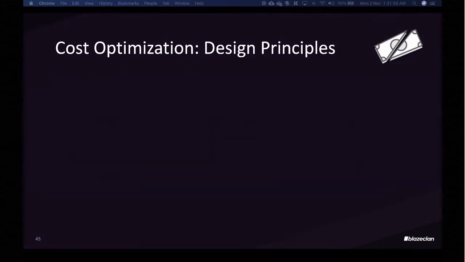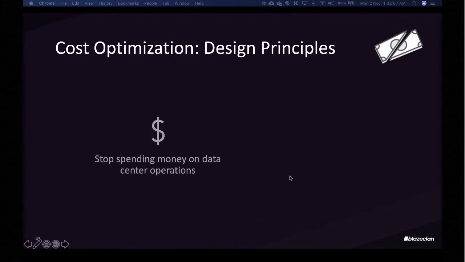All right, moving on to the next two design principles, which are self-explanatory in most sense, which is stop spending money on data center operations. By that, basically, it is suggesting that you leverage the benefit and the elasticity provided by cloud and reduce your capex and opex cost by optimally utilizing your infrastructure and not having long-term commitments and lock-ins.